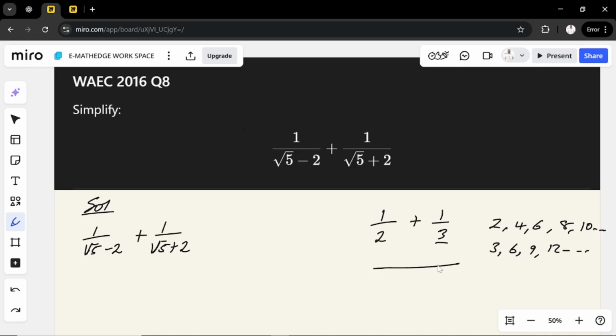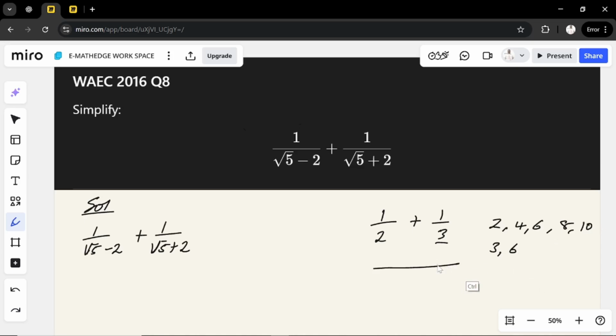So if you are to look for the common multiples of 2 and 3, you check which numbers are common. We have 6, right? And if we are to proceed to list out those multiples, we have a series of common multiples, but we are not interested in the rest. What we are looking for is the lowest. So 6 is the lowest common multiple in this case, right?